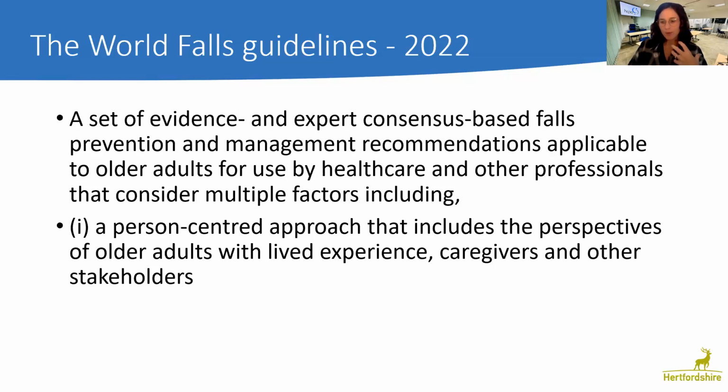That's really important because with falls prevention, you might just say to me, right, sensor mats, call bells, footwear, clothing, etc. But sometimes with that, we forget about the person who's falling. We forget about what they want, what their needs are. So it comes back to that person-centered and enabling care. And I think that's important to note.